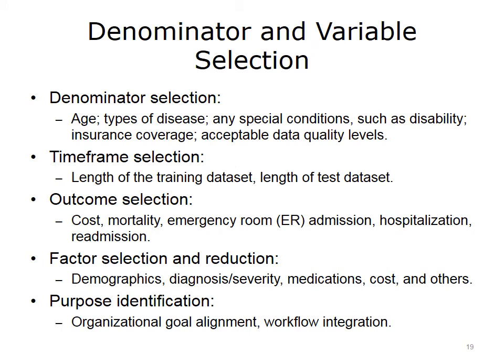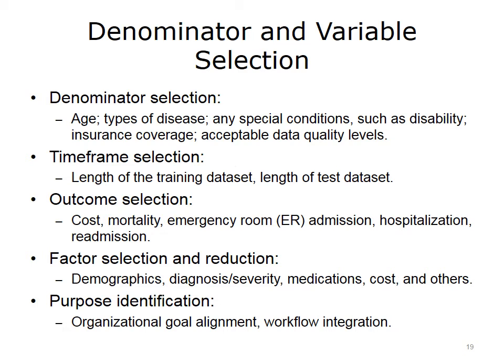While extracting training and testing datasets from population health data warehouses to develop and train predictive models, there are various challenges with denominator and variable selections. A short list of such challenges includes: selecting the denominator of the population that should be used for training and testing is always tricky.